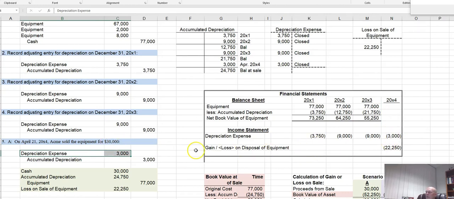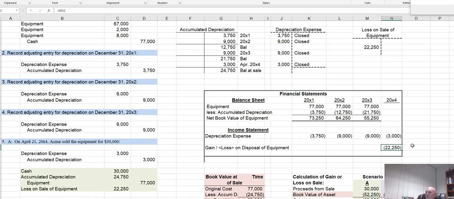And then on the income statement too, we would have, in the first example, a loss, which would be a negative number, brings income down. If we had a gain, of course, that would add to income. But gains and losses are additional items on the income statement.